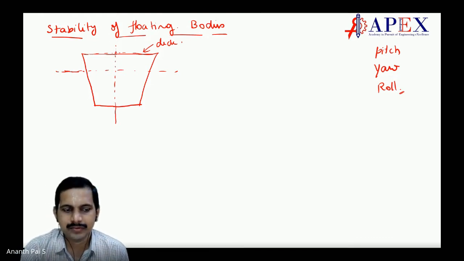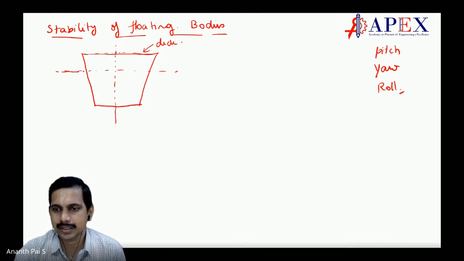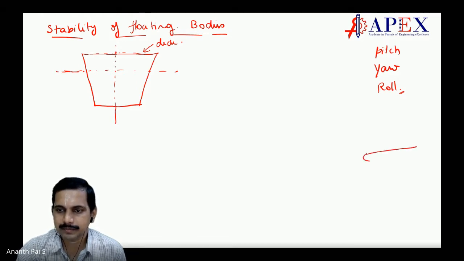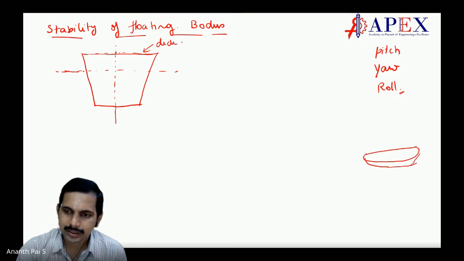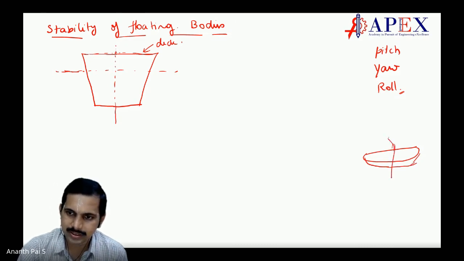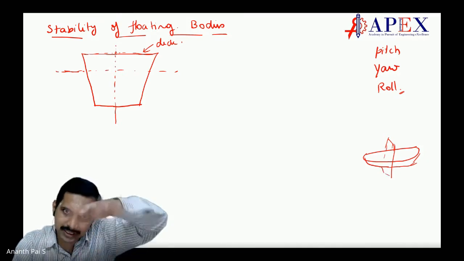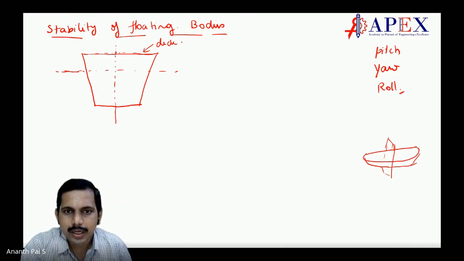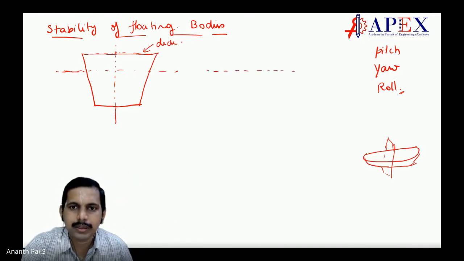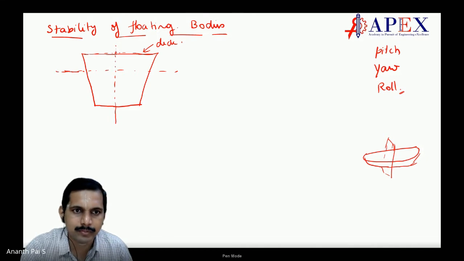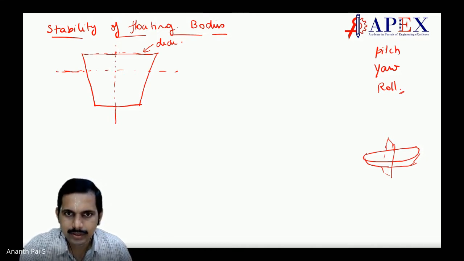So if this is a cross section of the ship, something like this, it is the deck of the ship. I'm putting a boat here. This is the section I'm taking. So what is happening? It is rolling that is happening. Now if I roll it by a bit, maybe because of the waves, or maybe because some people have come from the center to the side. So it rolls.